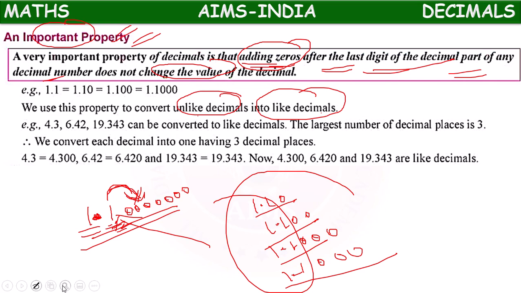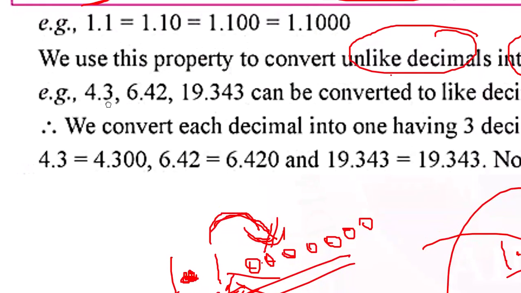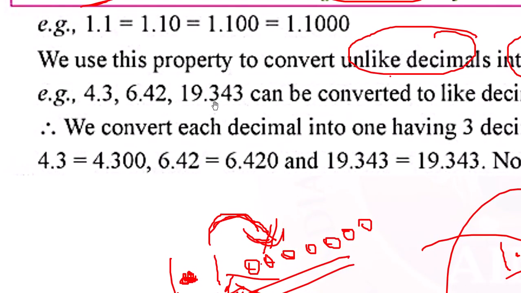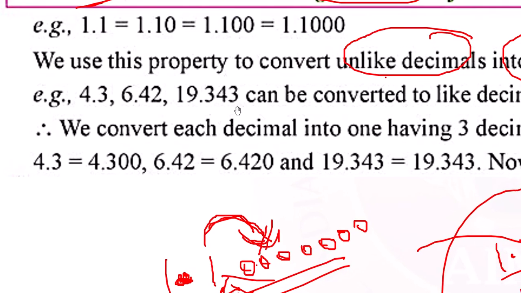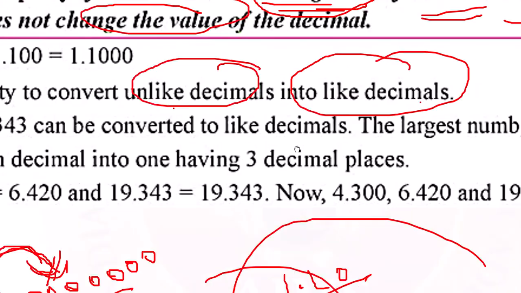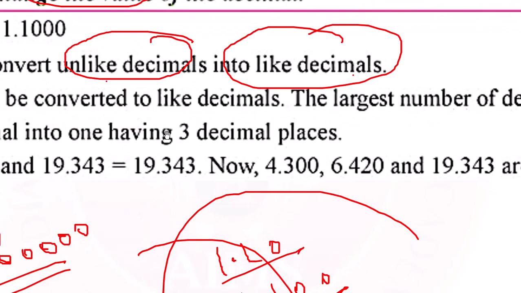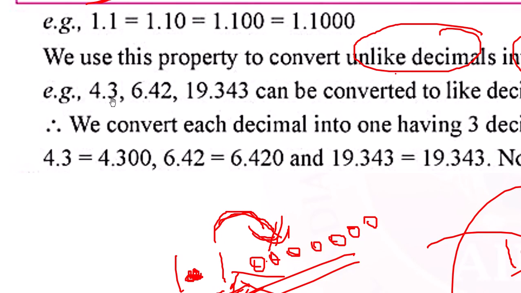Suppose you have 4.3, 6.42, 19.343. These are unlike decimals. By using this property, we can convert them into like decimals. How? Here we have 1 place, 2 places, 3 places. 3 places is the largest.